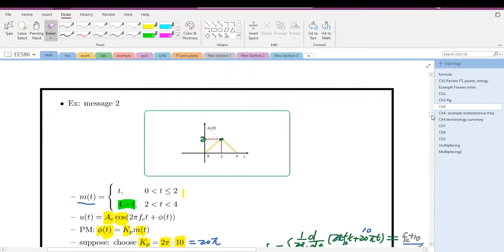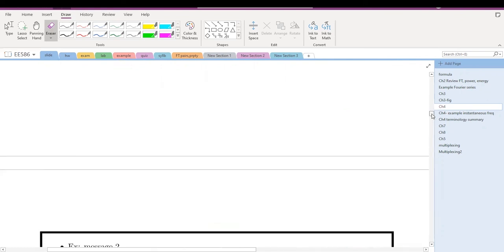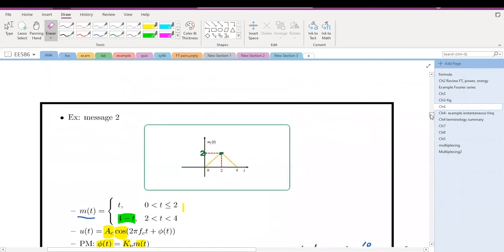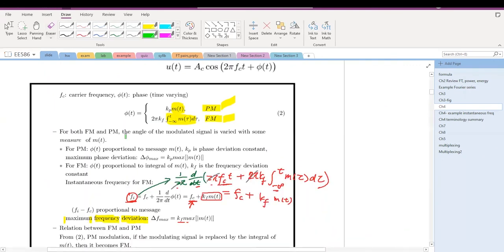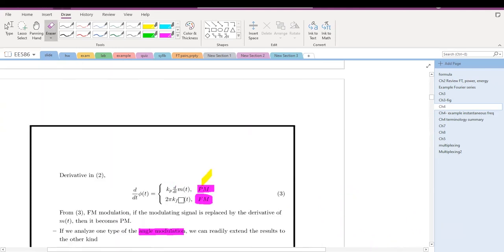And if I take the integral of the first message, that's rectangular, I will get triangular. These two examples illustrate the relationship between FM and PM. So if a message is the integral of another message, FM becomes PM. If a message is the derivative of another message, then PM becomes FM.